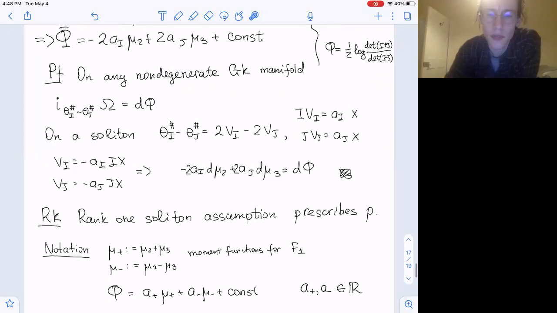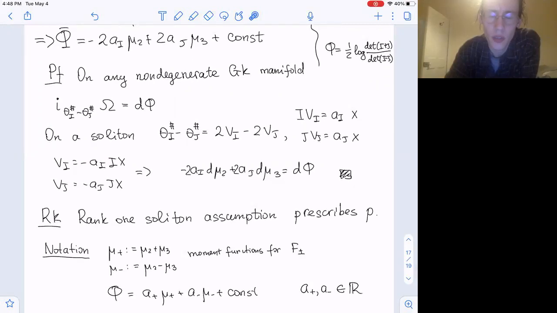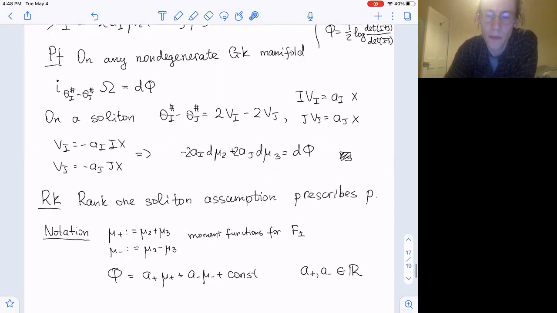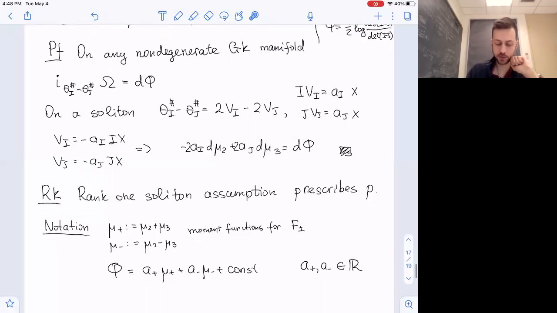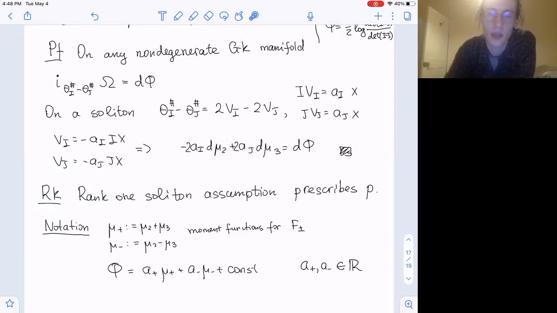I was asking, when you're building the Gibbons-Hawking ansatz, I guess you're starting with R3 and mu plus and mu minus are two coordinates or something. Yes. And then are you free to choose A? Yes, to be any... Yeah. All right. Okay. At this point, you're allowed to choose A plus and minus to be just any two constants, any two real numbers, and that's like your input for the construction.